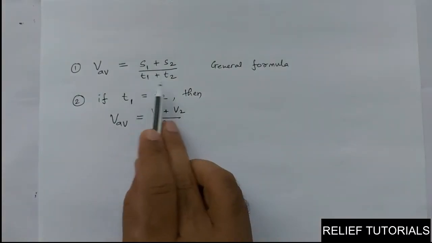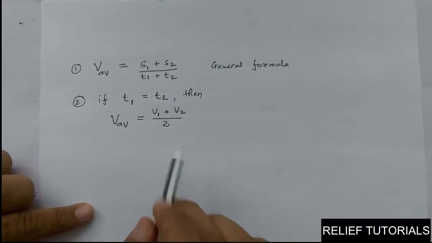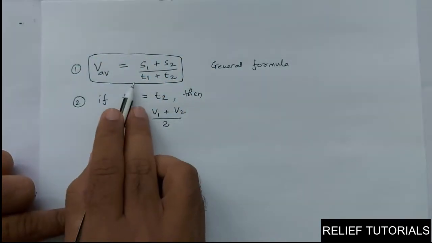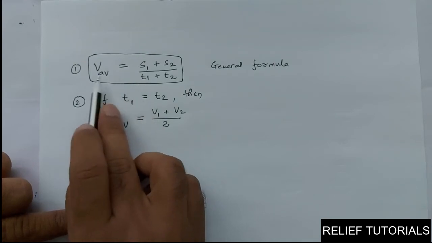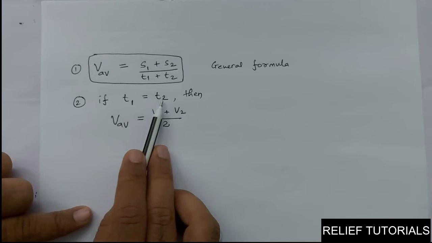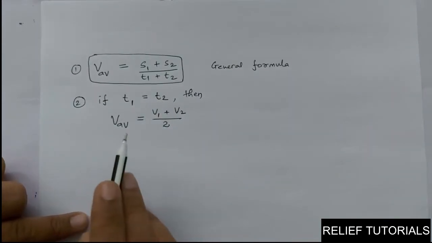Means if T1 and T2 both are same, then you can use this formula also. Remember, the previous formula is a general formula. You can use it anywhere, but this is a shortcut method. If you find T1 is equal to T2, then you can use this formula also to calculate the average speed.